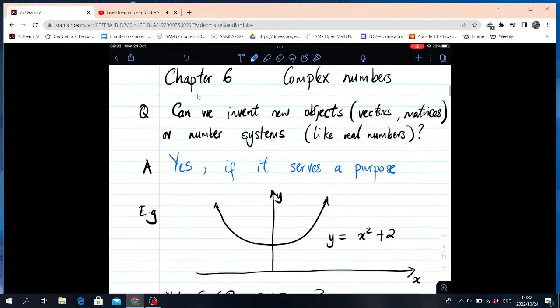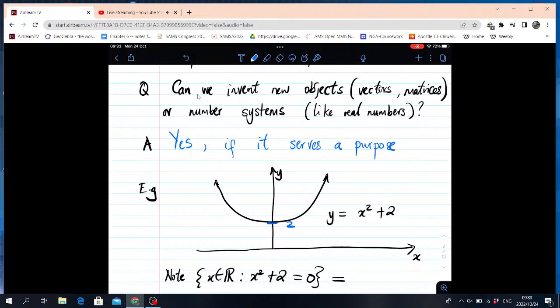this graph, which is y is equal to x squared plus 2. So here you can just imagine this is your 2. We can see that this graph doesn't cut the x-axis, right? For any value of x, y doesn't become 0 here. We don't cut the x-axis.